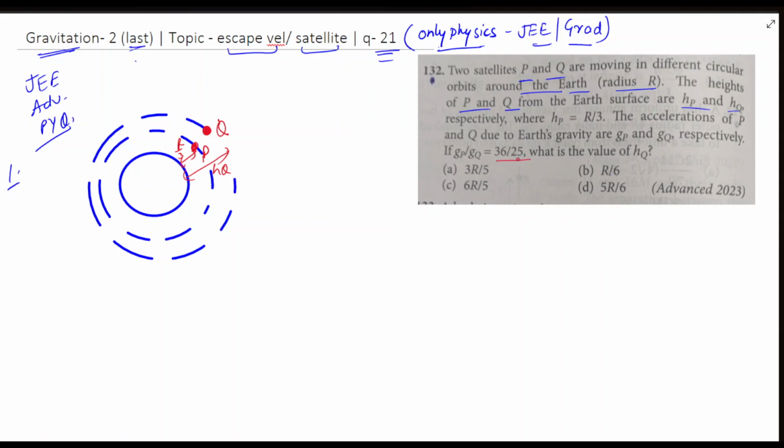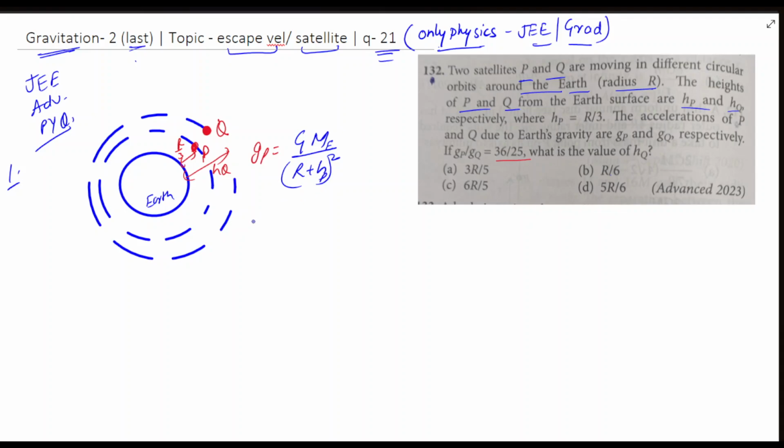Now we are given GP by GQ. So how will you write GP? GP will be the acceleration due to gravity on satellite P. We can write the formula directly: it will be simply GM by R plus H the whole square, where M is of course the mass of the Earth.